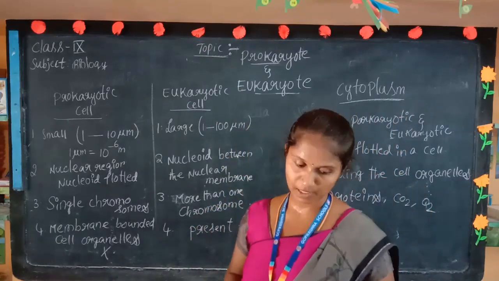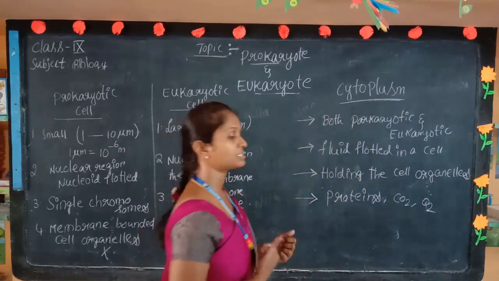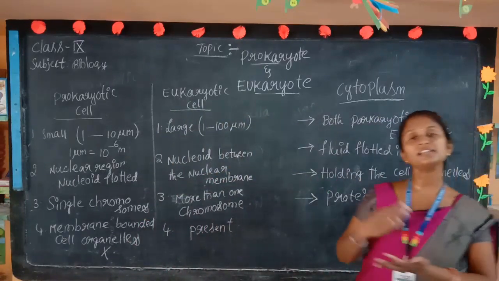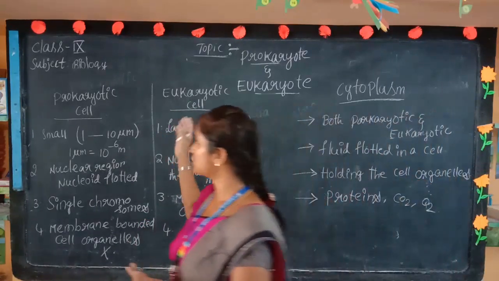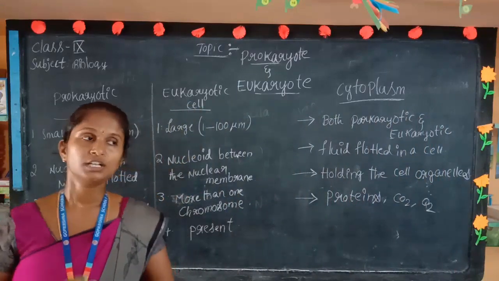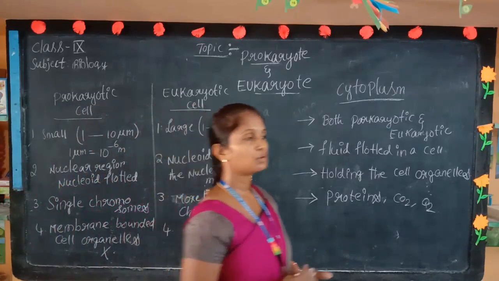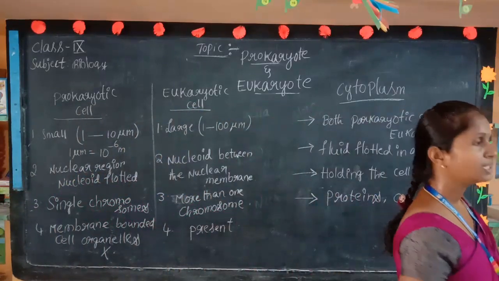I want to explain that today we discussed the topic, the differences between the prokaryotic cell and eukaryotic cell. We drew two different structures on the board, the common basic structures of prokaryotic and eukaryotic cells.